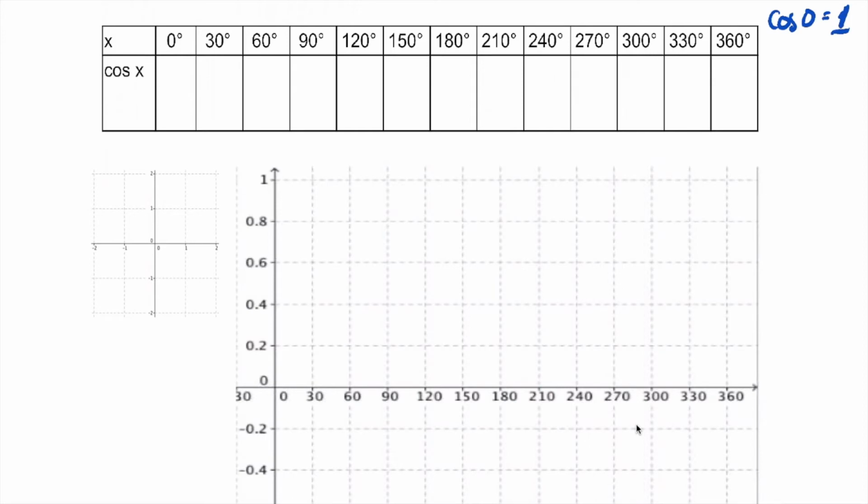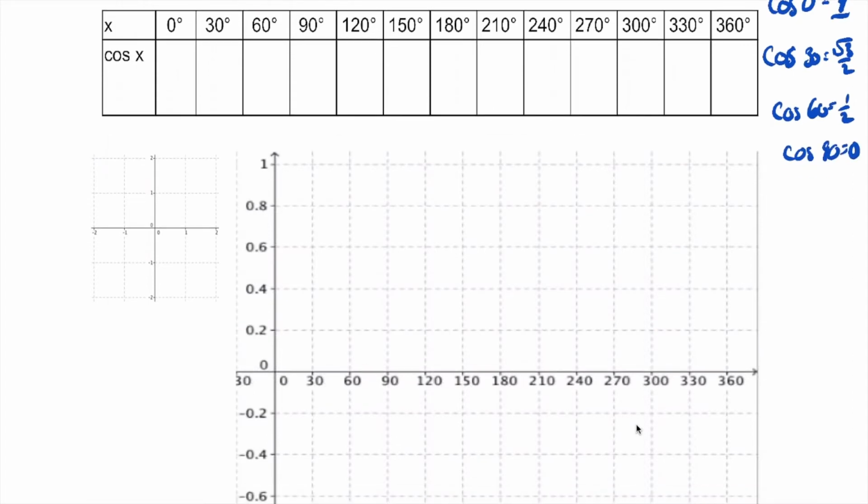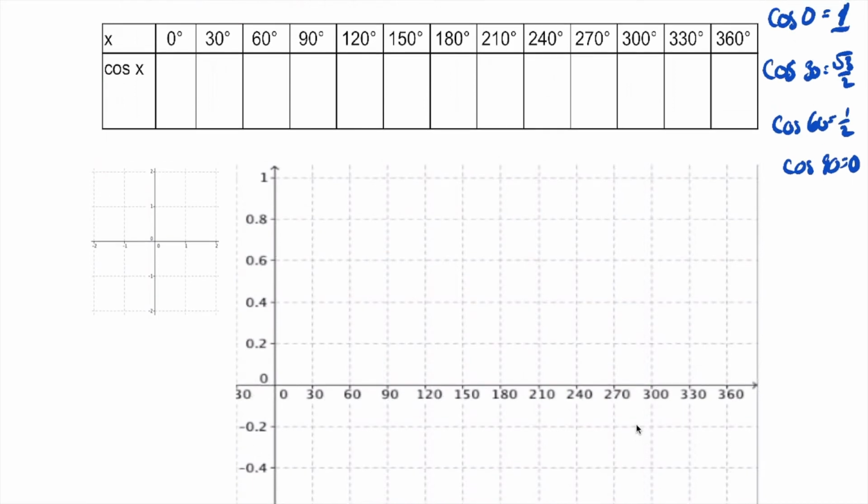Sorry, cos of 0 was 1, cos of 30 was root 3 over 2, cos of 60 was 1/2, and cos of 90 was 0. Okay, so let's go through the same thing like we did for the sine graph. So cos of 0 is 1, cos of 30 is root 3 over 2, cos of 60 is 1/2, cos of 90 is 0.